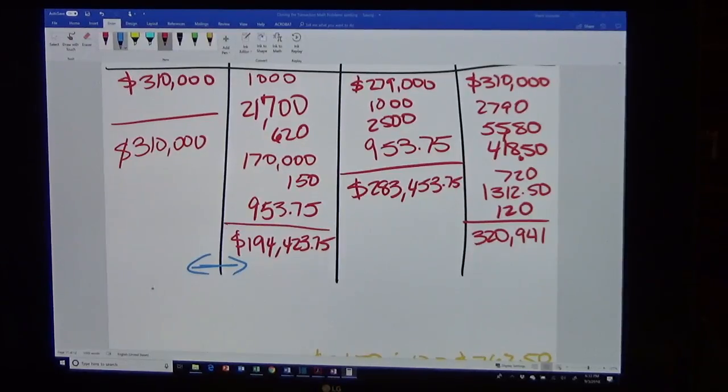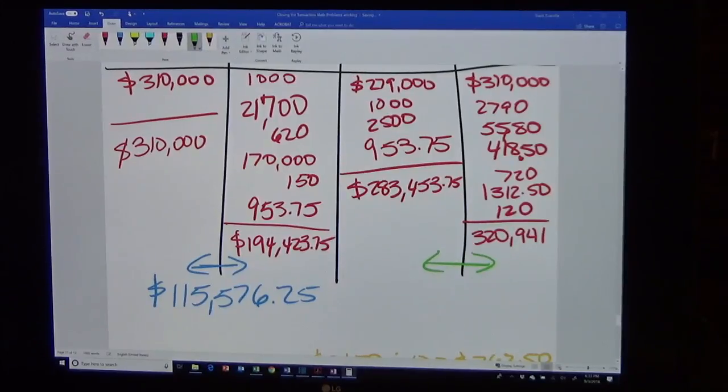The seller's cash at closing, so this is the check that the seller could expect to get when they come away from closing, would be $115,576.25.